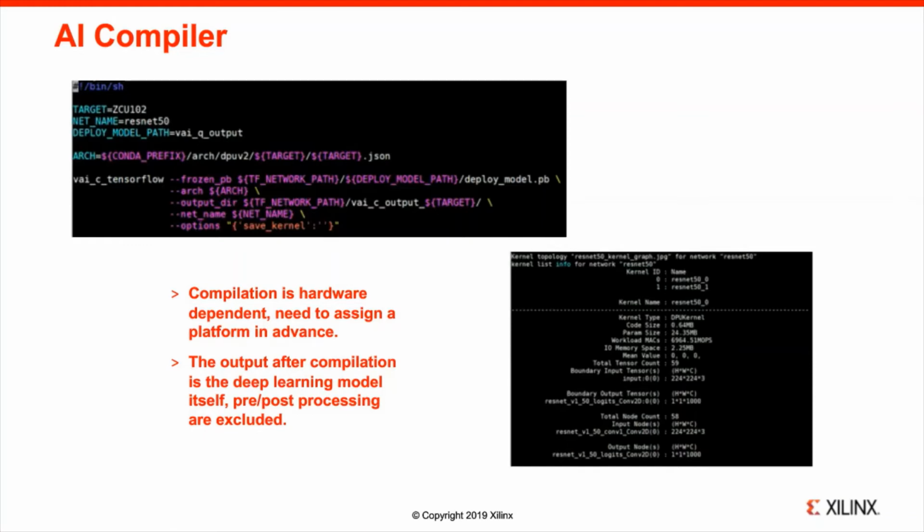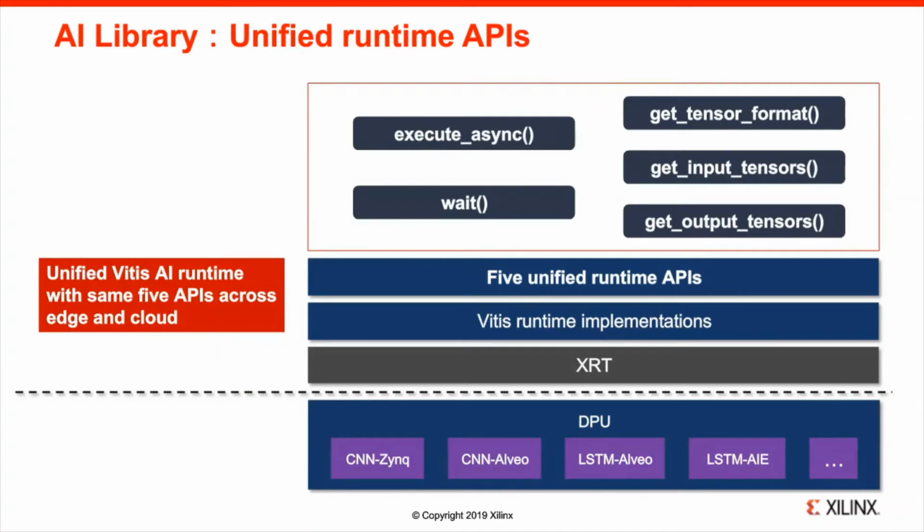Some people may ask, you have different IPs on cloud and edge, and different instructions on cloud and edge, so how can you achieve a unified platform in Vitis AI? The answer is at the runtime level. We have a unified runtime. All the Linux devices are managed by the XRT, which stands for the Xilinx Runtime.